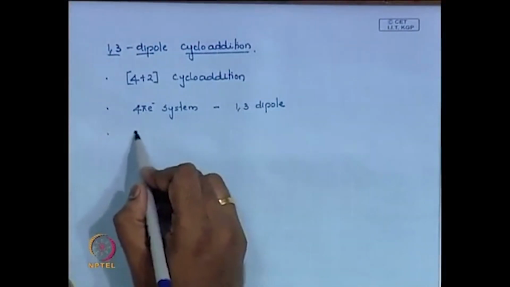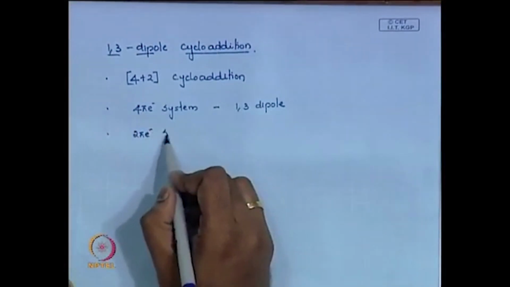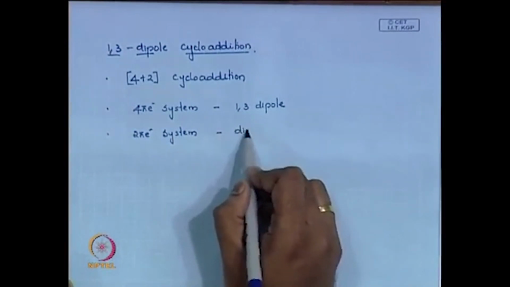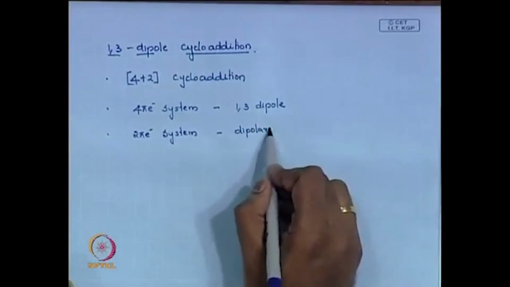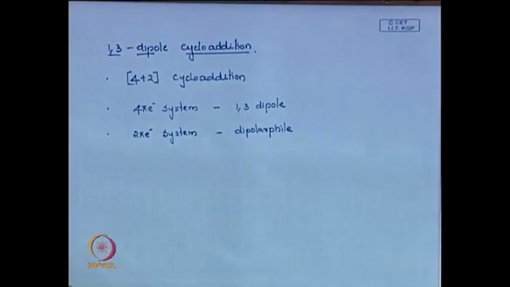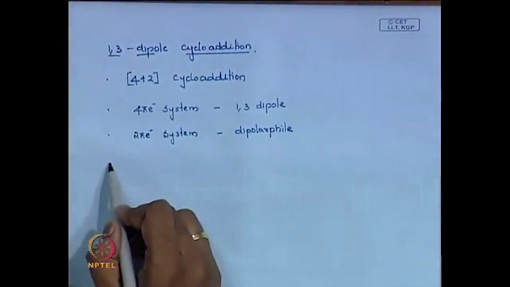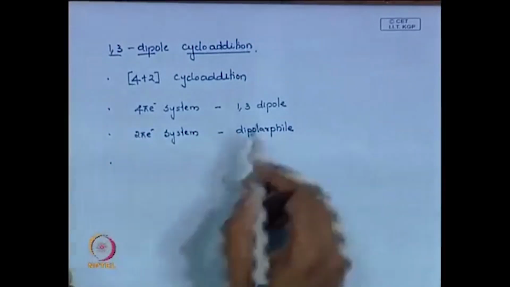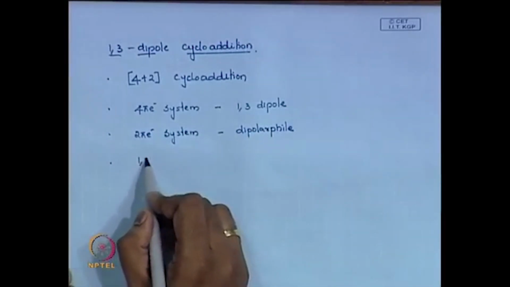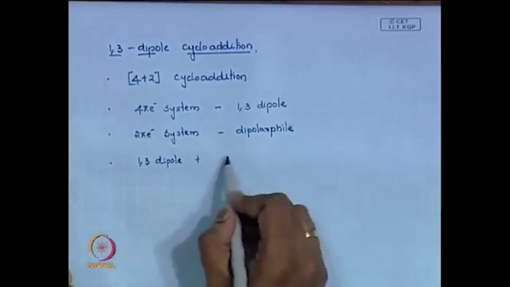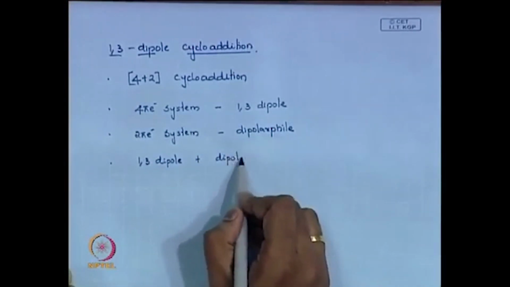The second, the 2 pi electron system which you are talking about, is the dipolarophile. And another thing you have to remember about your 1,3-dipole and your dipolarophile.